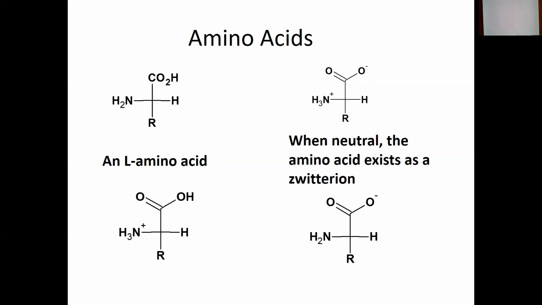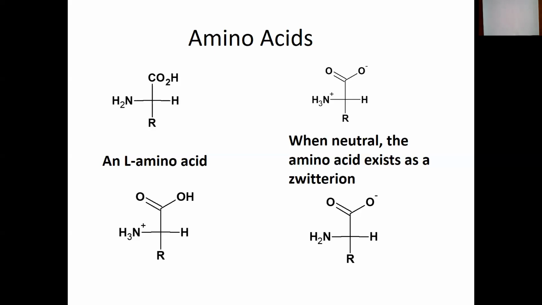Ammonium ions have a pKa of around 10, and carboxylic acids have a pKa of around 5. So we're going to talk about these functional groups at 3 different pHs: pH 3, pH 7, pH 10.